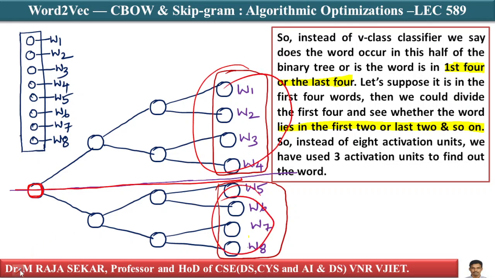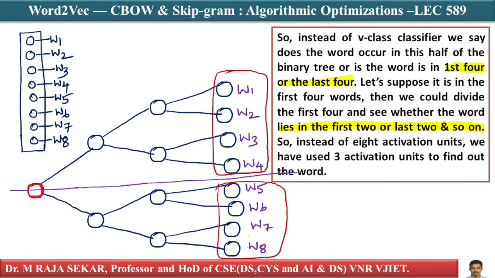Below this particular line, I have half of the nodes. Above means W1, W2, W3, W4. Below that horizontal line it has the other half of the words, W5, W6, W7, W8. So instead of trying to create a V-class classifier, I will create a binary classifier.